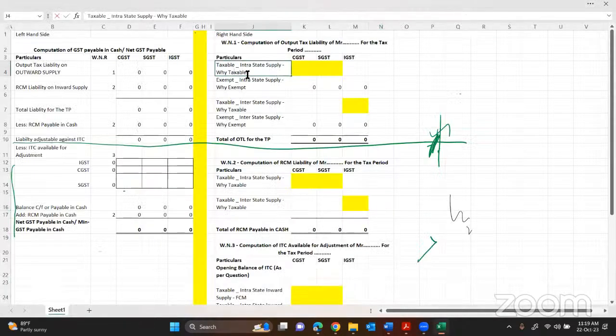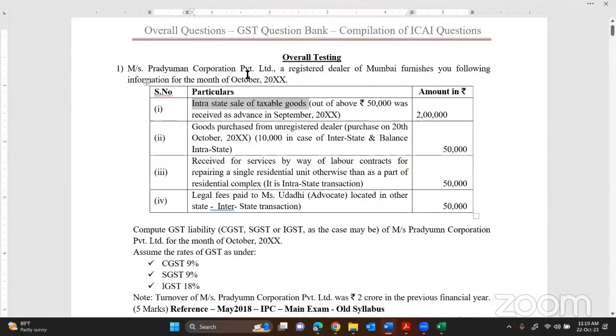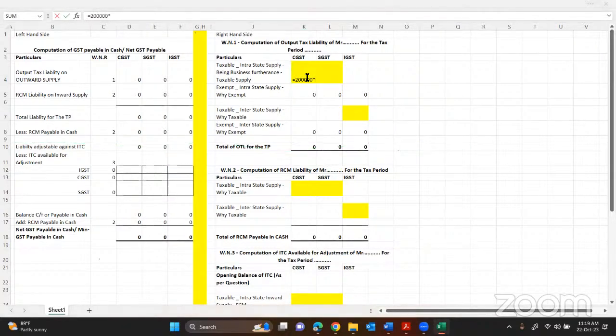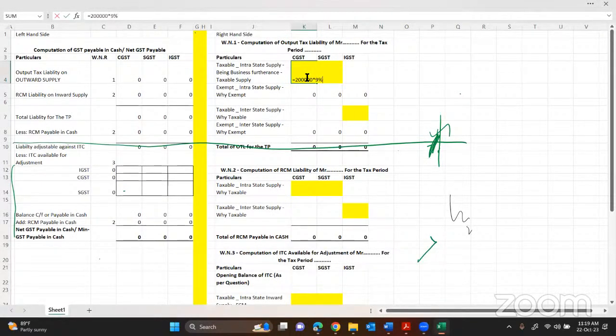So intrastate taxable, it is 2 lakhs. Purchase amount is 2 lakhs. So it's going to be 2 lakhs into what is the tax percentage here? 9%, 9%, 18%. So 2 lakh into 9%.